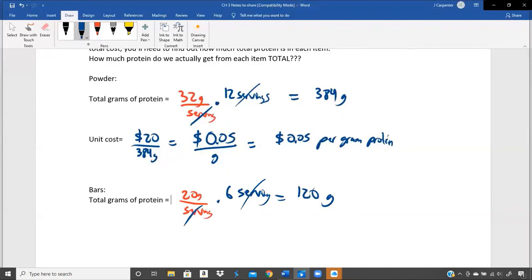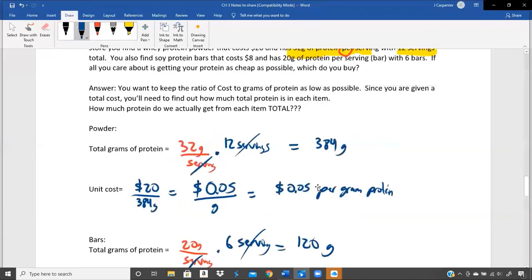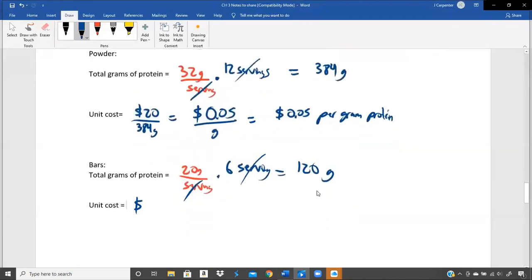The answer makes sense. Giving us a unit cost of, how much did we pay for the bars? I think it was 8. Let me confirm. Yes, it was $8. That was the total cost. And then per 120 grams of protein.